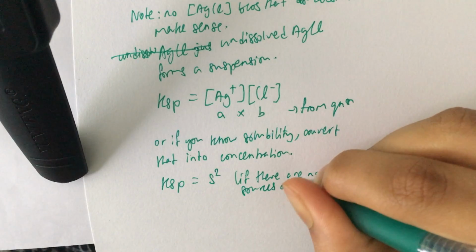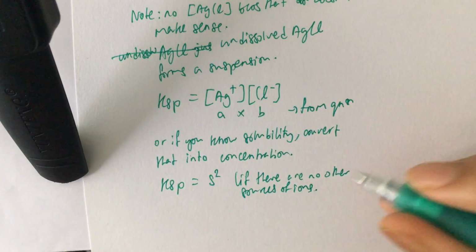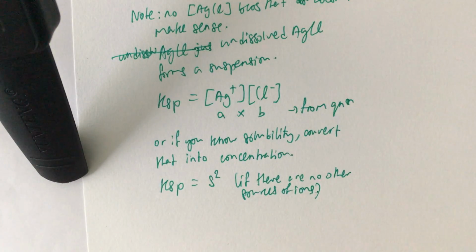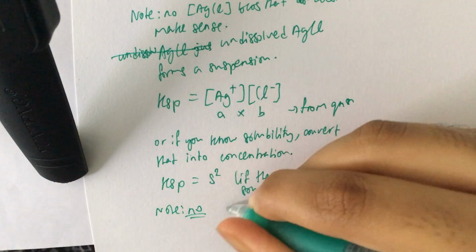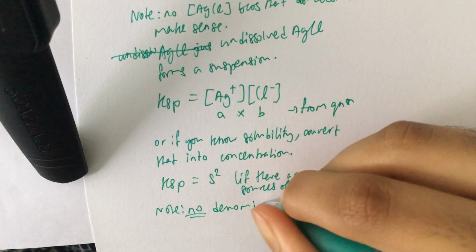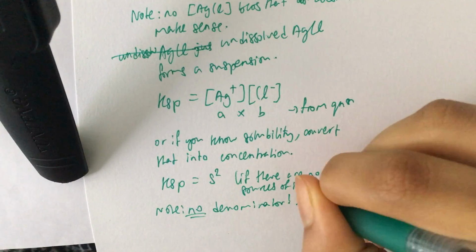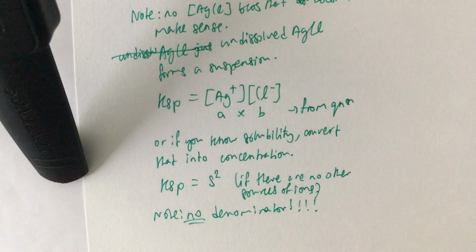We represent the concentration on the top with s, so it becomes s squared, and below we have the initial minus s. We can assume that s is so small that the bottom part can just become the initial concentration, and then you do the same thing as last time. If you do not understand what I'm saying, go and watch the previous video.